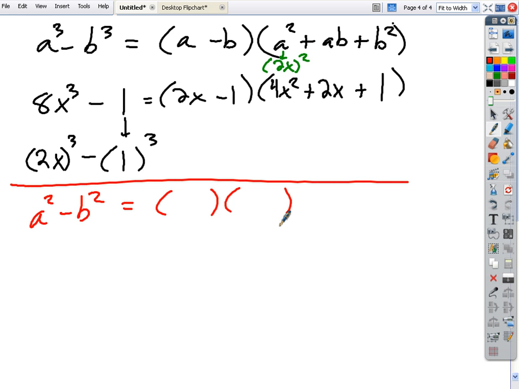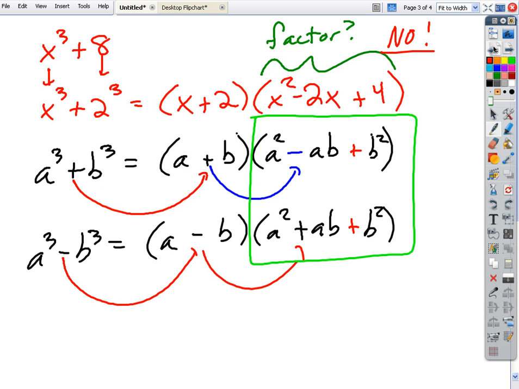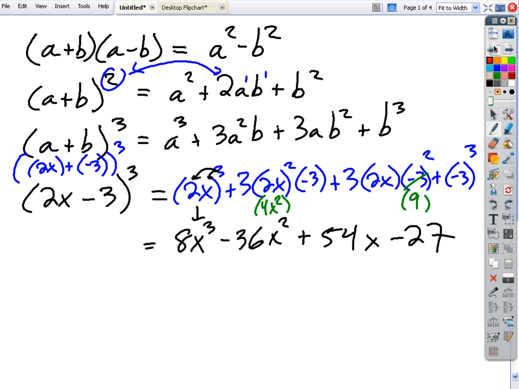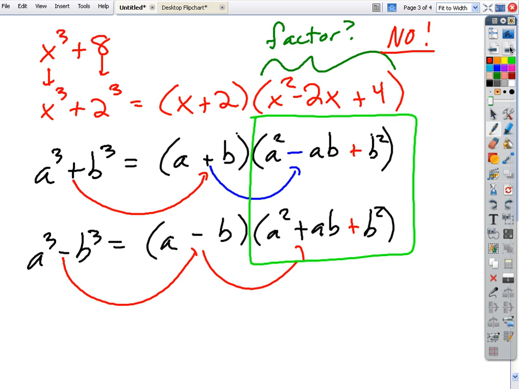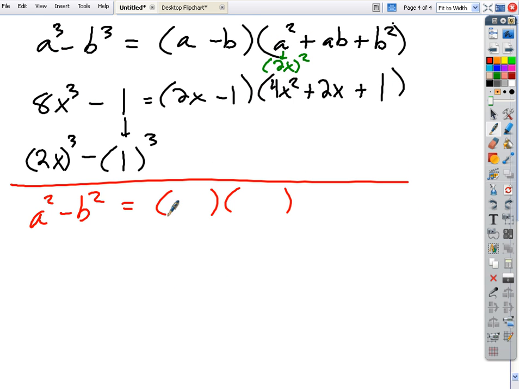In fact, there it is right there, right? If we go this direction, that's the one that factors into the conjugate pattern: a plus b, a minus b. And what about a sum of squares?